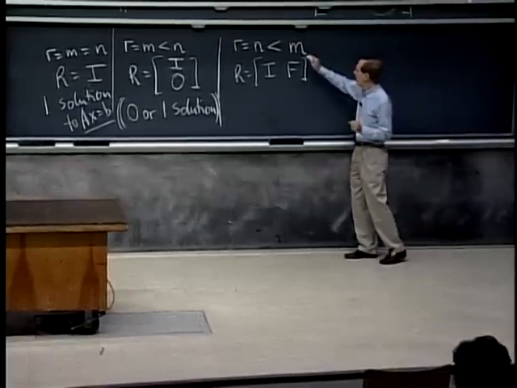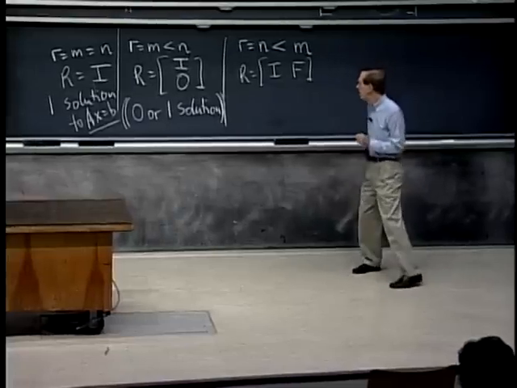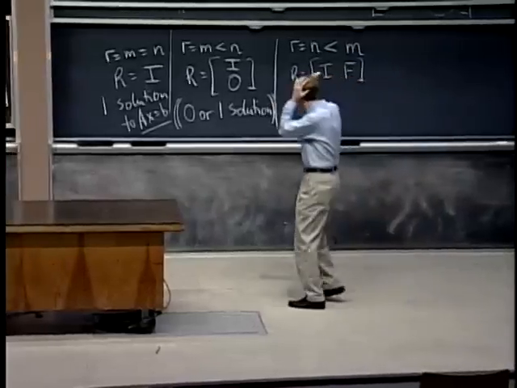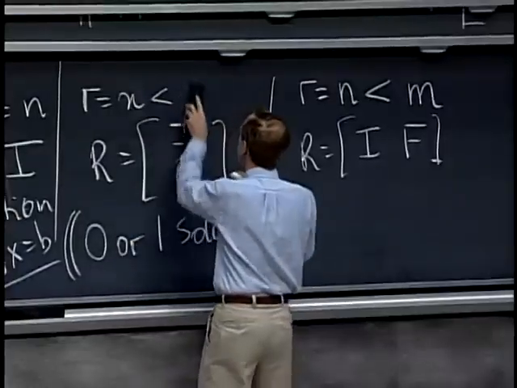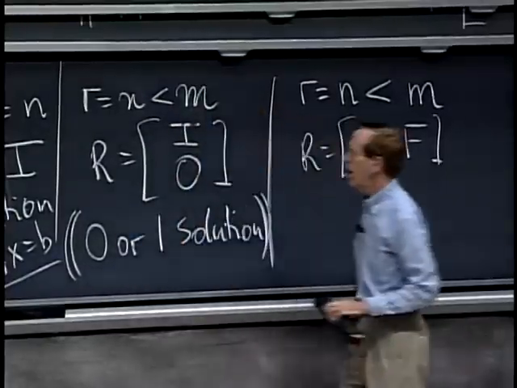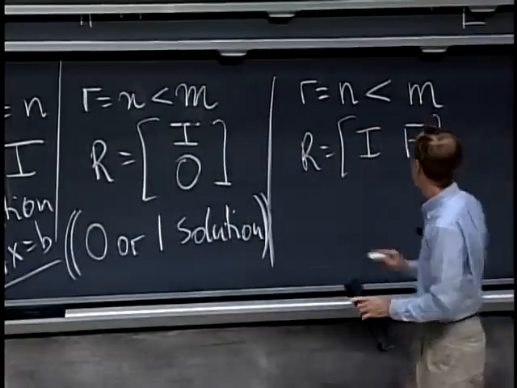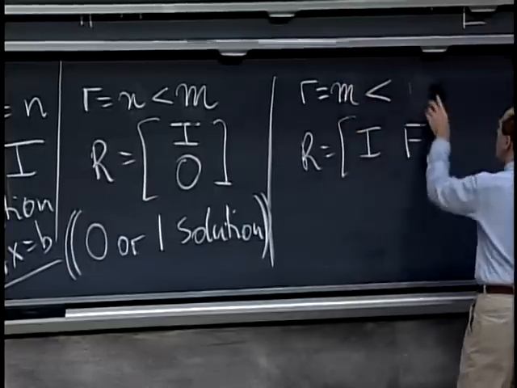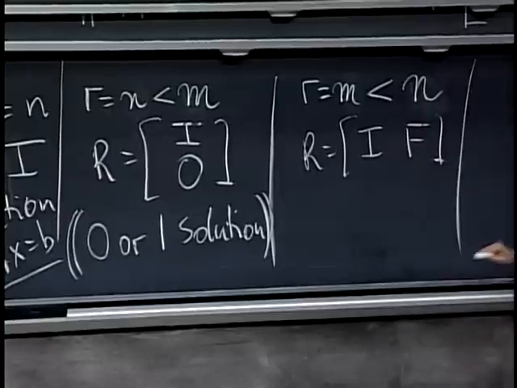Is that right? Am I getting this correct here? I'm not, my God. This is the case R equals N. The columns are okay. That's the case that was on that board, R equal N, full column rank. Now I want the case where M is smaller than N, and I've got extra columns. Okay, there we go.